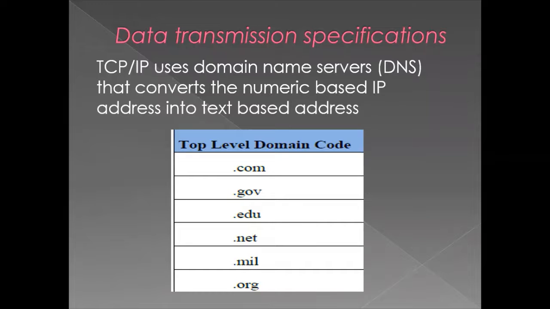192.168.1.2, also 192.168, all these different numbers. It's a 12-digit number, or maybe less than that. So that's what I'm trying to explain: the numeric based IP address is converted to text based. .com is a text based address. The IP address of .com is something else.